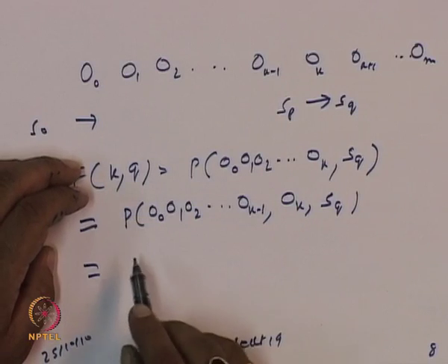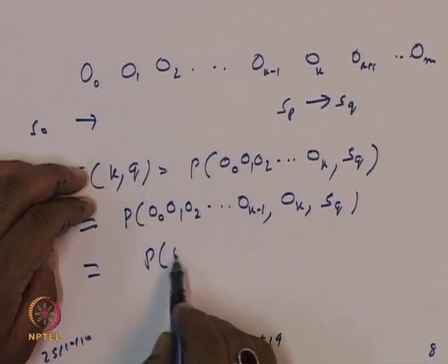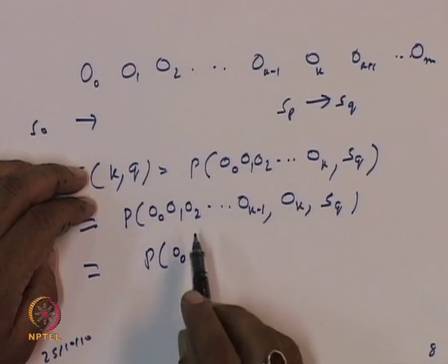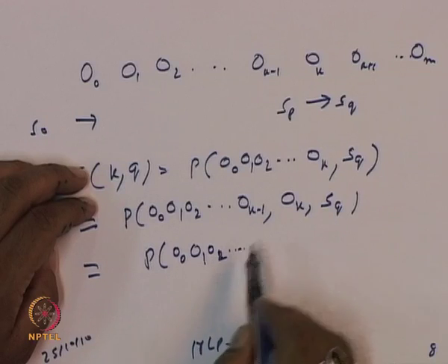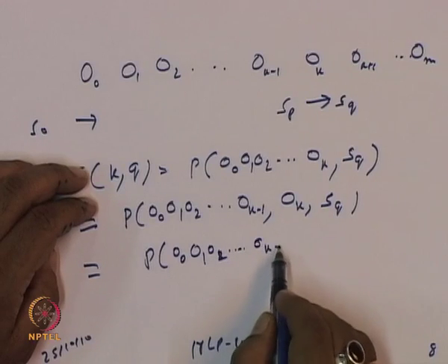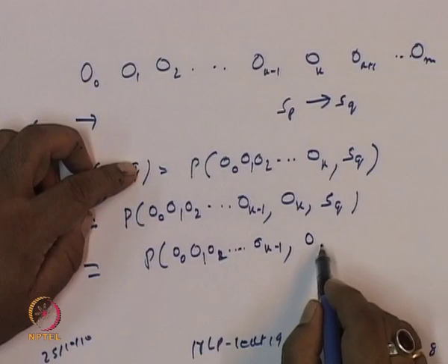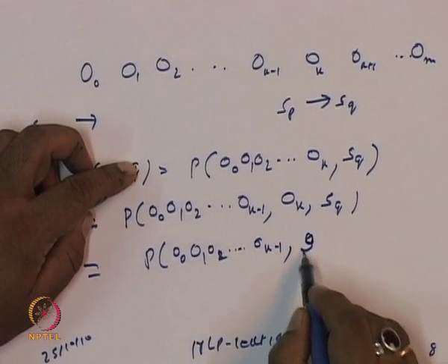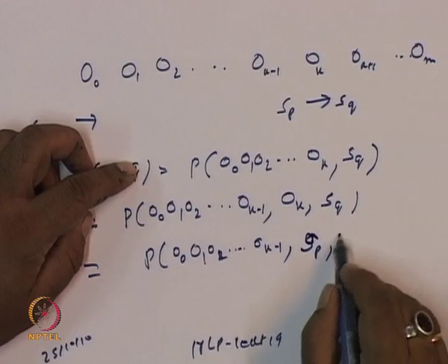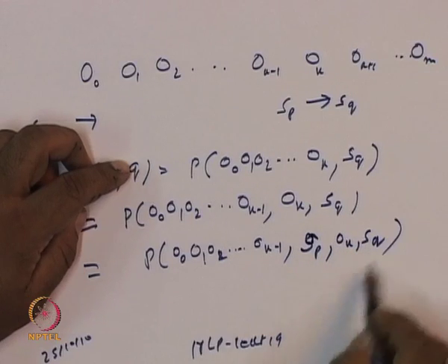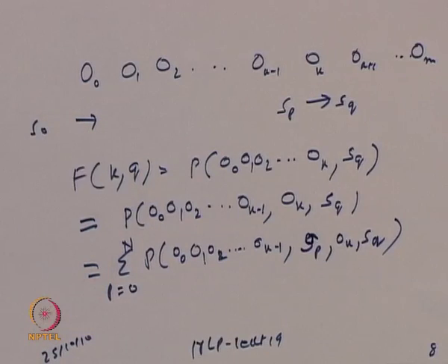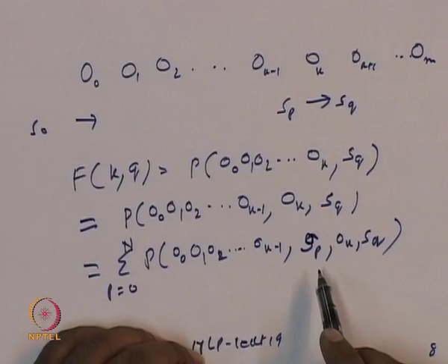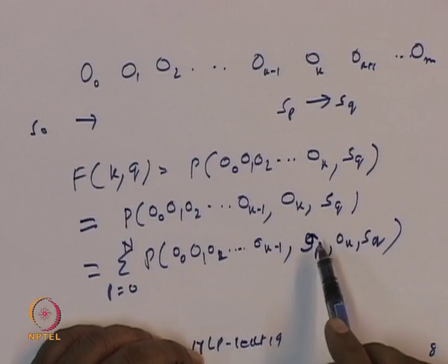Now, I do marginalization and I introduce another variable: O0, O1, O2 up to O k minus 1, comma S p, O k, S q, where p is equal to 0 to n. This I am allowed to do, I am just introducing marginalization. Here is a new state which is introduced.